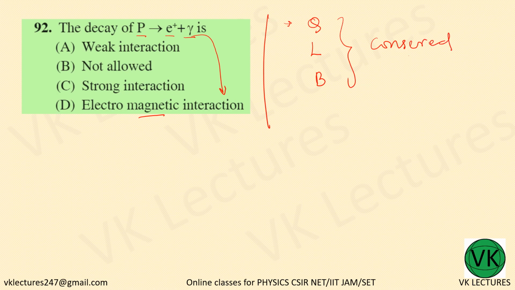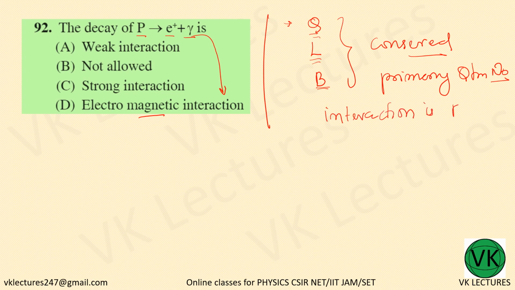These are called primary quantum numbers. If any one of Q, L or B is not conserved, then the interaction is forbidden. That is not allowed. It's not possible.